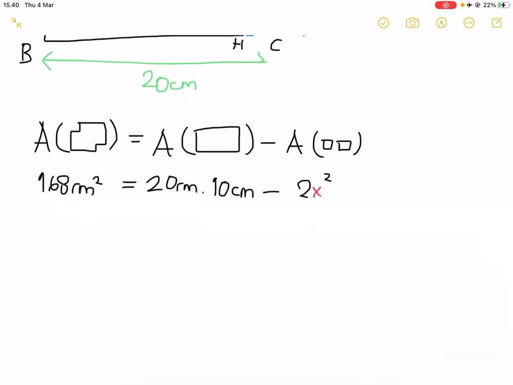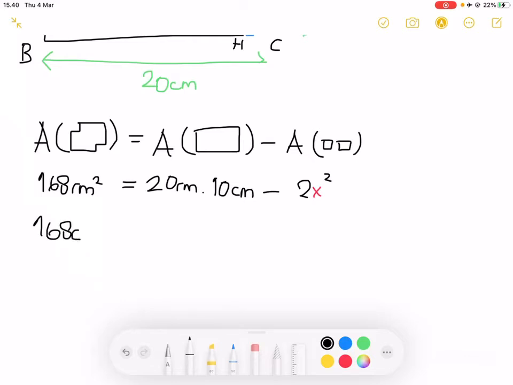So let's see what we have. The left hand side will stay the same. We have 200 centimeters squared minus 2x squared.